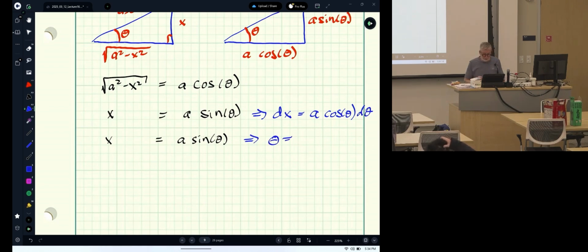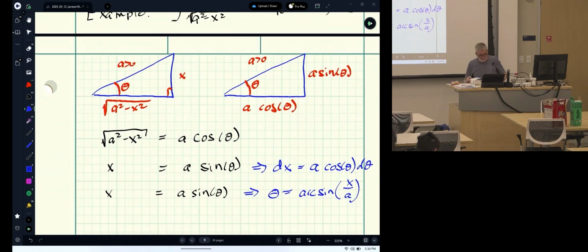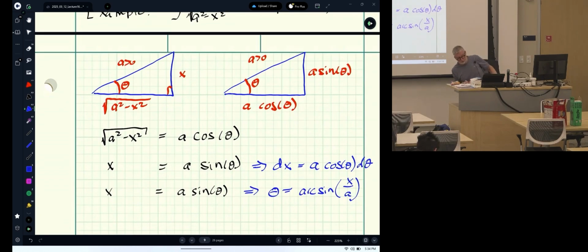That means theta is what? Well, we take x divided by a, which is non-zero, so we can do that, and then we do inverse sine. So theta equals the inverse sine of x over a. Okay, so this is just setting us up for U substitution.